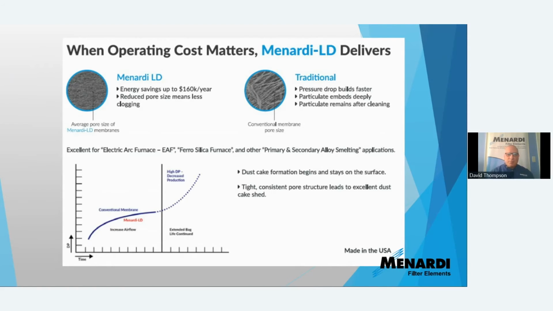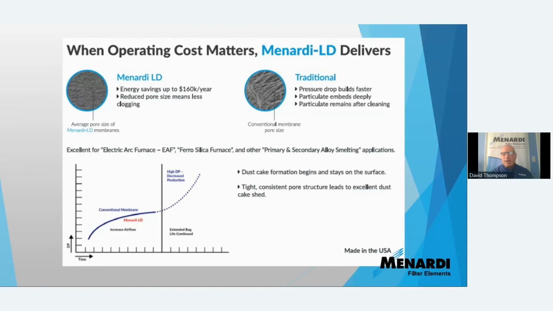When you compare the two, we say there's a cost savings of about $160,000 a year based on a standard large baghouse, whether it's pulse jet or reverse air, for electric arc furnace applications. The same holds true in the cement industry, the carbon black industry, and several other areas where we've been using them.